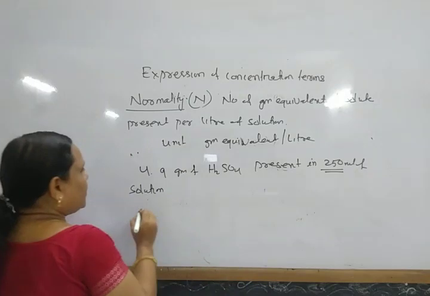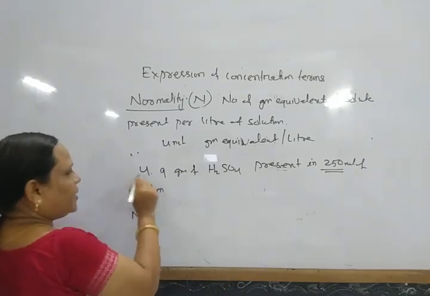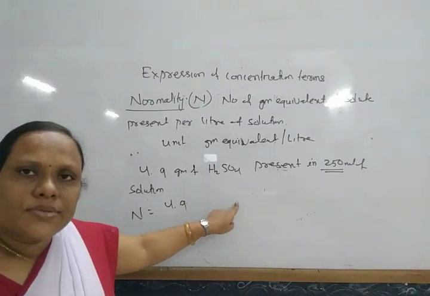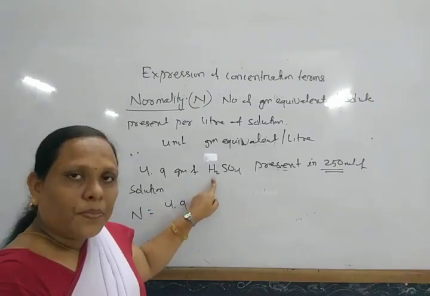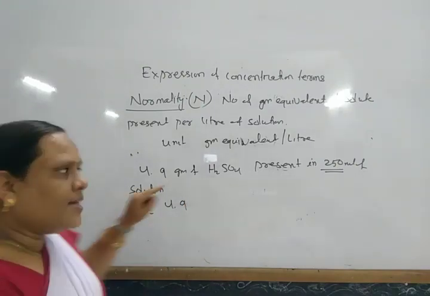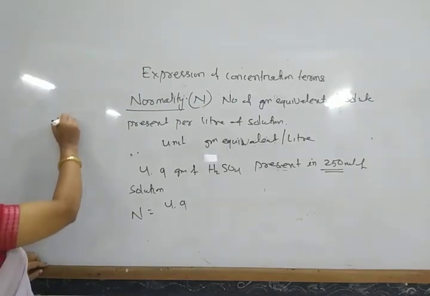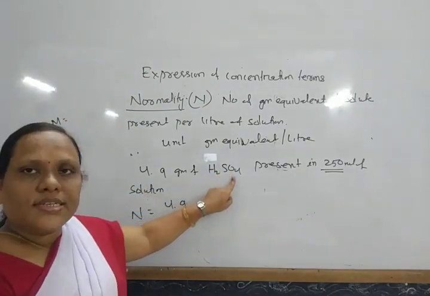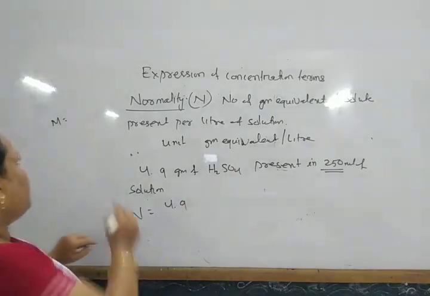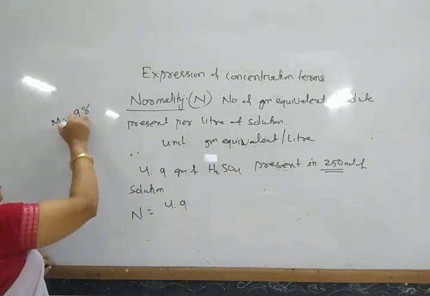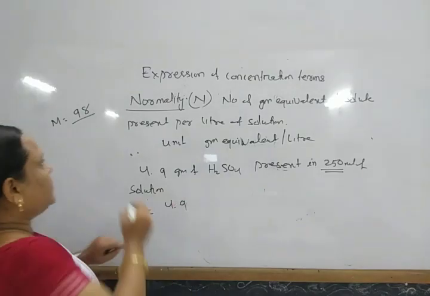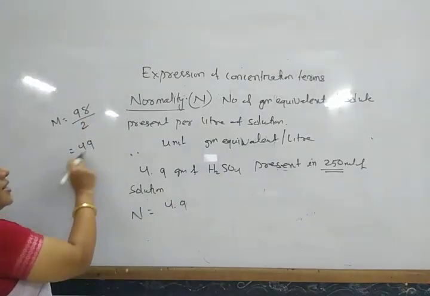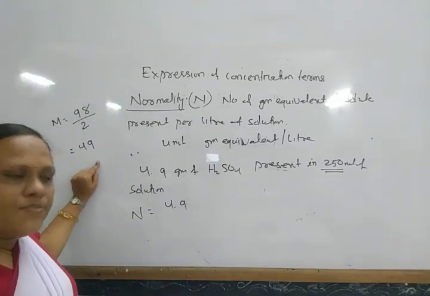To find normality, weight is 4.9, and what is the equivalent mass of sulfuric acid? Look here, sulfuric acid is a dibasic acid, so its molecular mass we have calculated: 2 plus 32 plus 64, 4 into 16, that is equal to 98. Divided by 2, its basicity is 2, 98 by 2 is equal to 49. Its equivalent mass is 49.